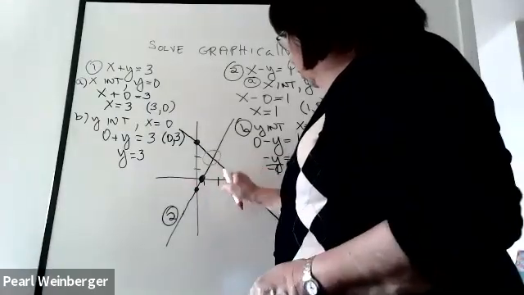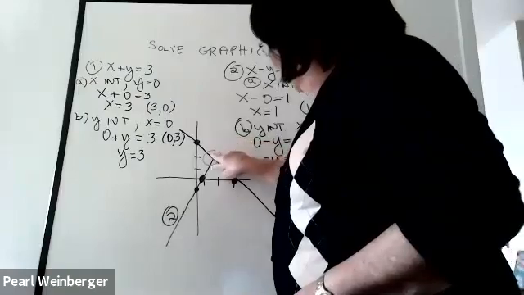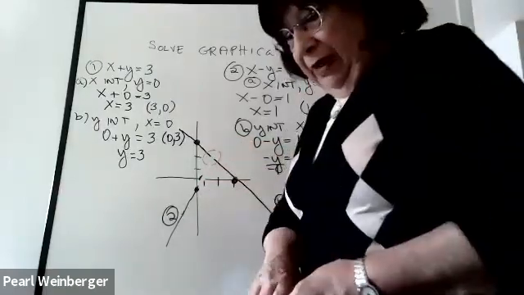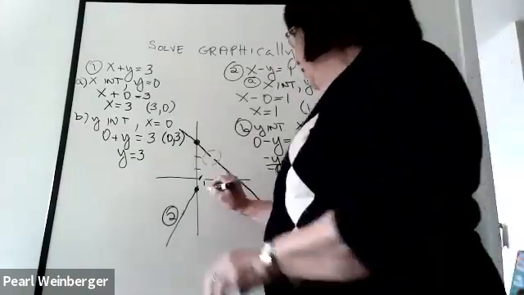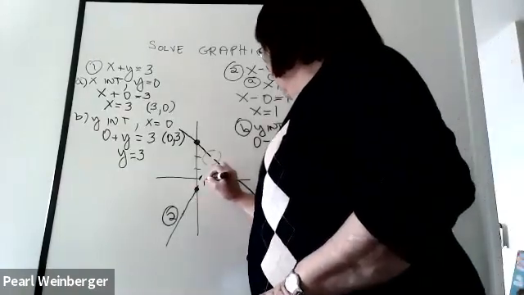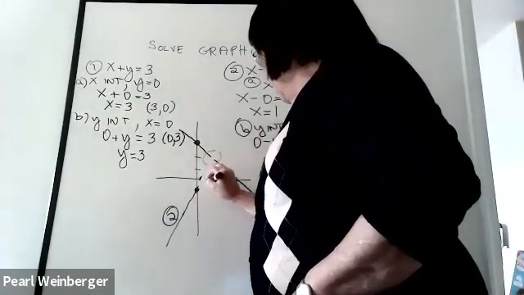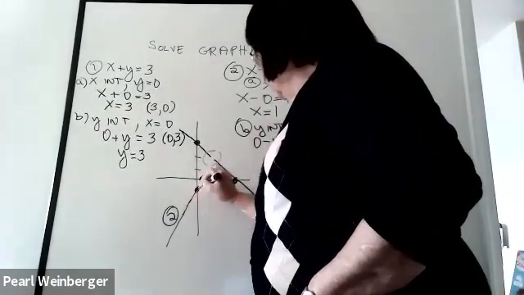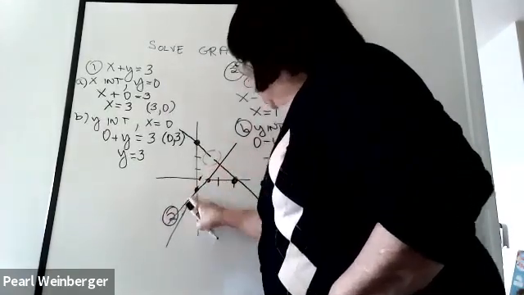And again, I have this problem because I don't have a piece of graph paper, and this is very inexact. This really should be a little bit more over here like this. This is where the 1 should be. Should be more like this. That's a better picture.